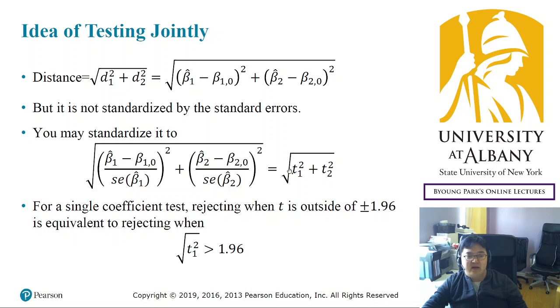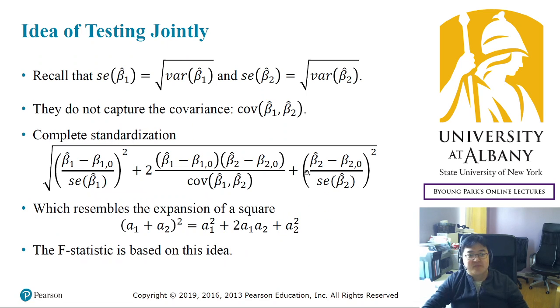So right, then, by the way, this is not complete. The standardization is not complete, because remember, the standard errors are related to the variance. But in the standardization of a two-dimensional vector, one important thing that's missing is the covariance.